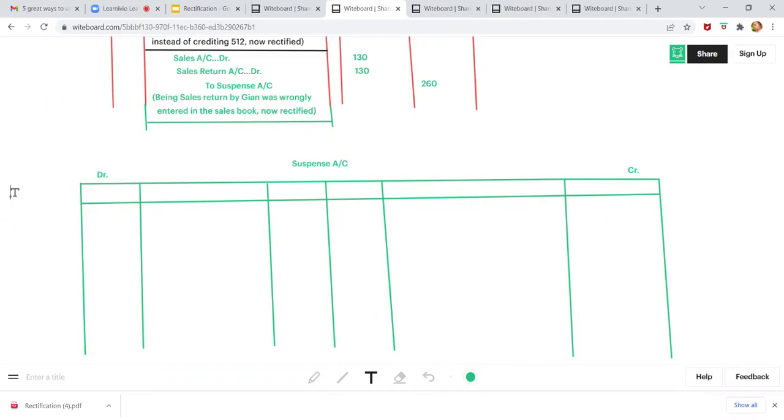Here in this column we have date, particulars, amount, and again date, particulars, amount.